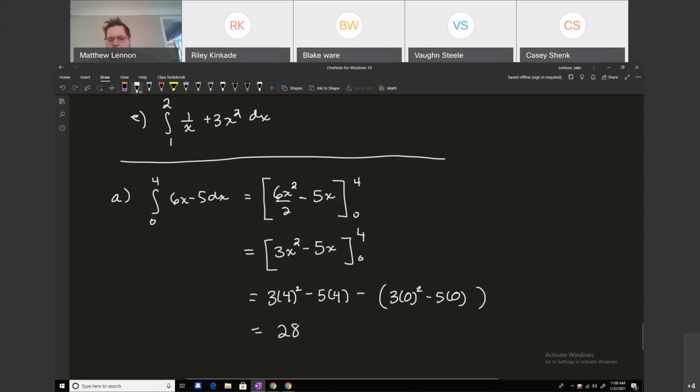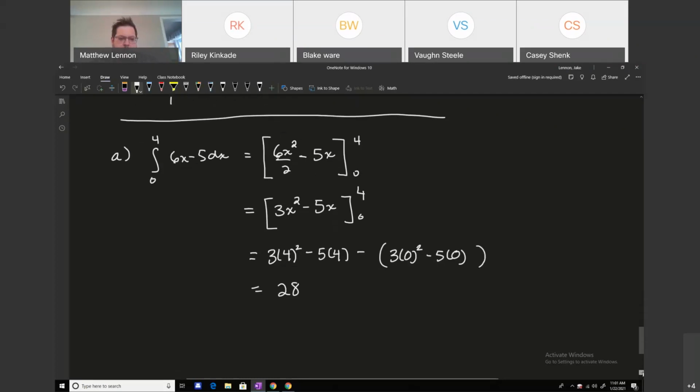Because I could see that happening. Yeah, so we were close. I think that's probably what went wrong. Yeah, you might see somebody do like 3 times 4 squared minus 5 times 0, but you have to plug in the top number into every single x, and then subtract, and then plug the bottom number into every single x. So that might have been a place where perhaps you had a mistake.